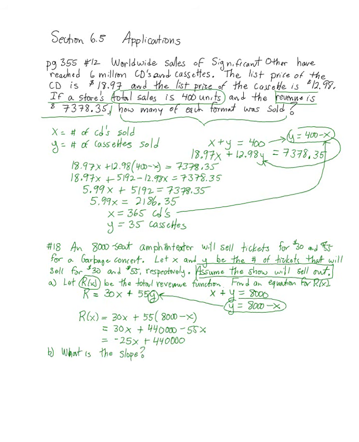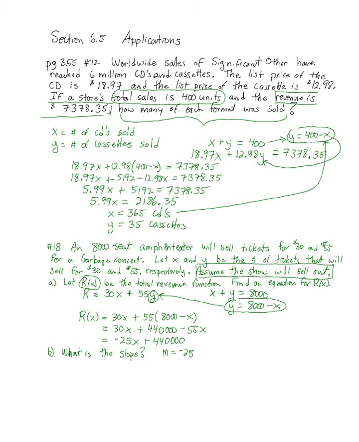Part B asks, what is the slope? And what does it mean? Well, from looking at my equation, my slope is minus 25. That's the coefficient of X. What does that mean? Well, let's see. Remember that our Y values here are revenue, and my X values are number of $30 tickets sold.